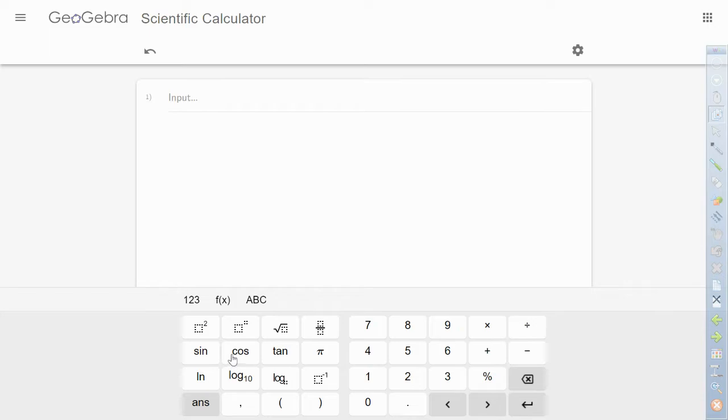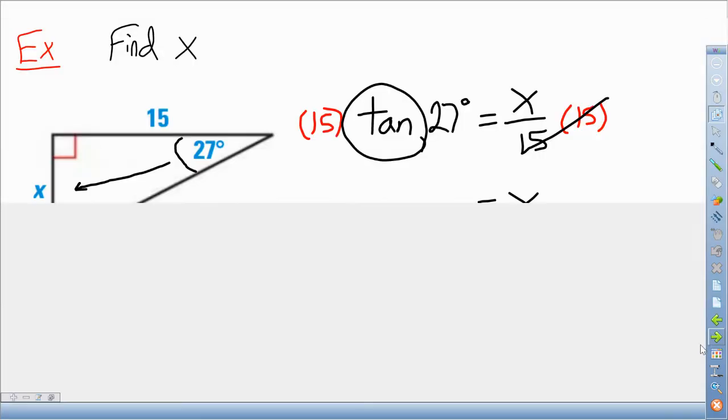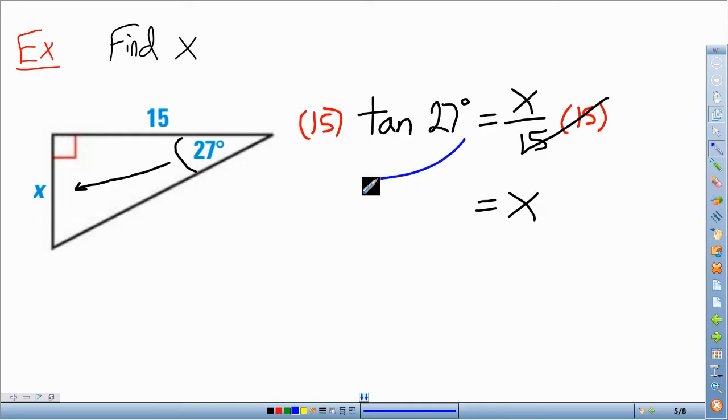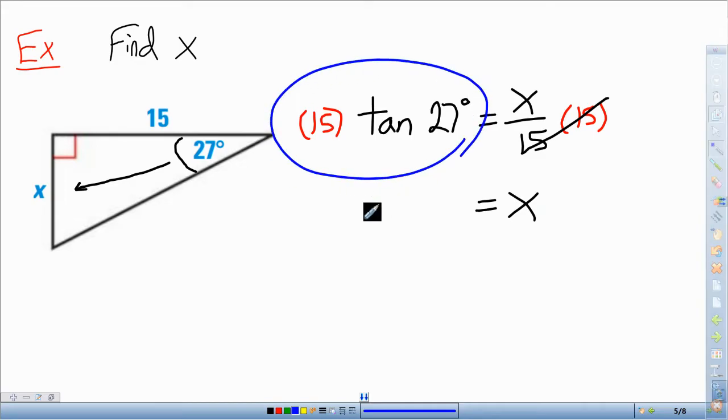This is what I'm going to use just so you can actually see me inputting these values. So this is all we need to do: type this into our calculator. Sorry, there's a bunch here. Let me erase all this stuff. Okay, this is what we're typing into our calculator, and I need you to do this with me because this is extremely important. So 15 times tangent 27.